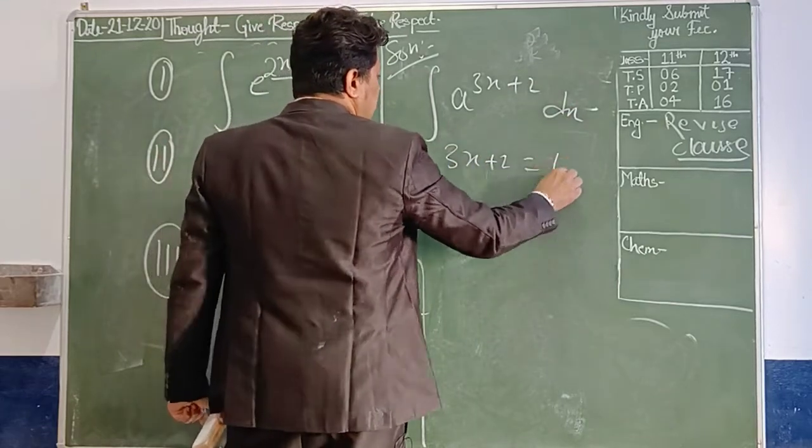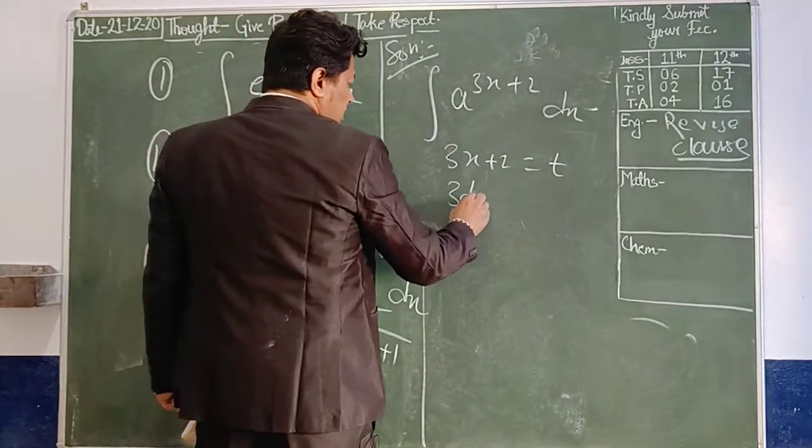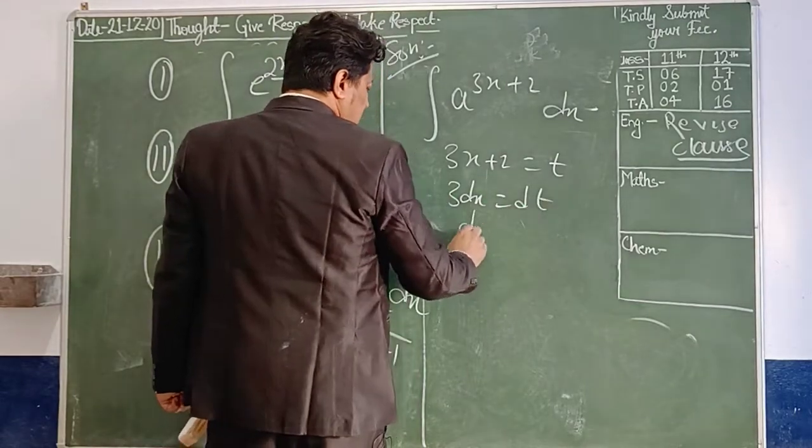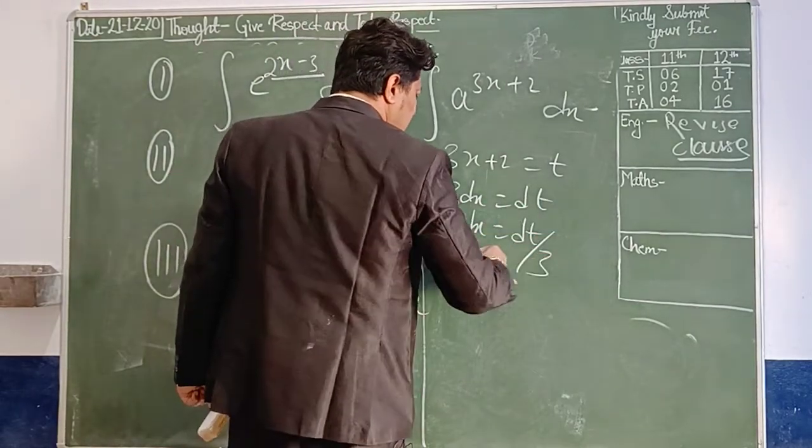Let 3x plus 2 equal to t, so 3 dx equals dt. dx equals dt by 3.